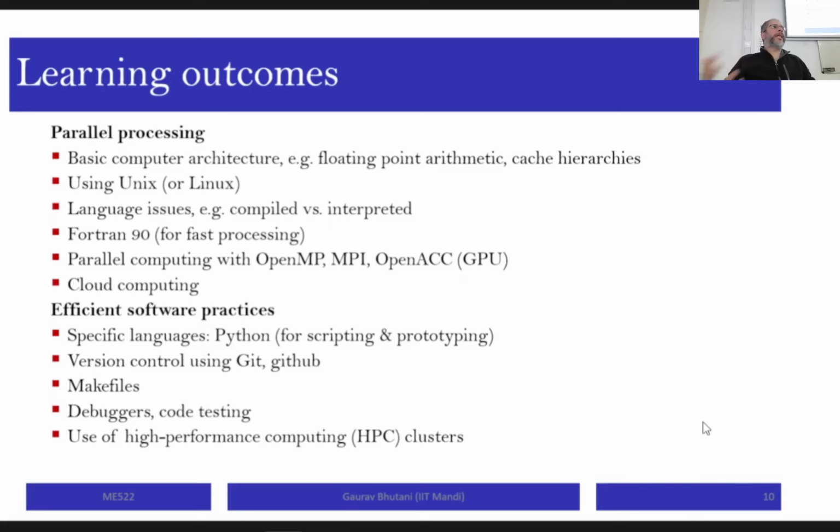In fact, you should be versatile in terms of choice of languages. Who knows which company or which code you work with in the future. So as long as you're comfortable adapting to new languages, that's the best thing if you want to stay in computing, because computing evolves very quickly. Okay, so we'll be using Fortran 90 for writing our heavy duty codes.